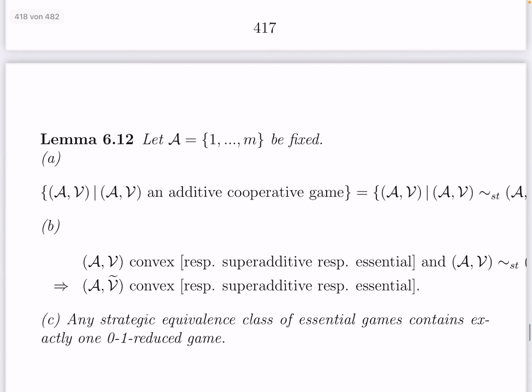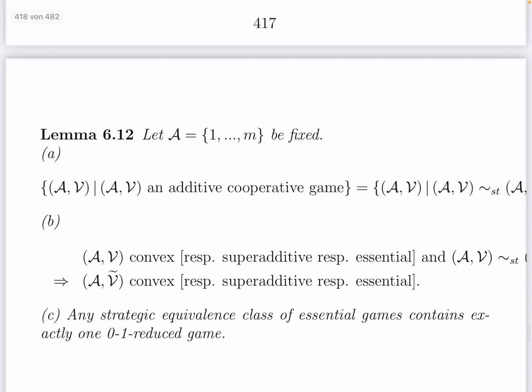Now the lemma, or part of the lemma. We fix the player set 1 to m. Part A: the set of additive cooperative games is precisely the set of games which are strategically equivalent to the zero game, so the game where the coalition valuation is the zero map.